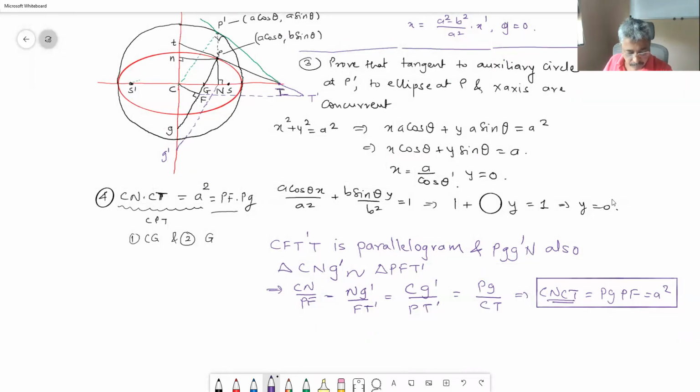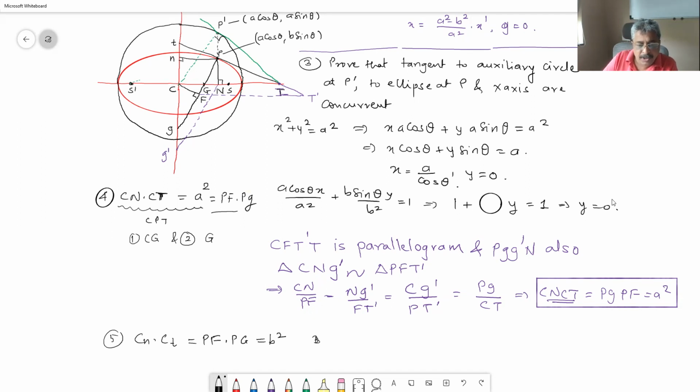Next, similar 5. Let me write down all of them and give you 15 minutes to solve. CN into CT is equal to PF into PG, which is equal to b square. This is something similar to a square.